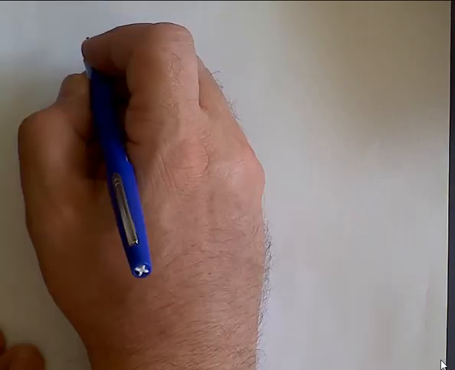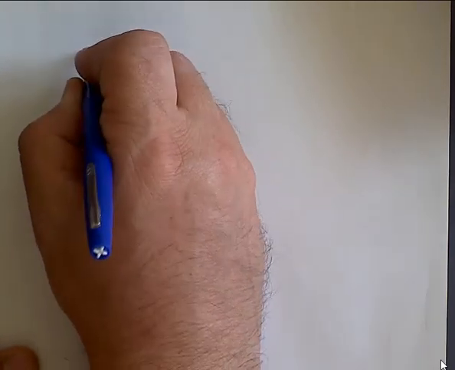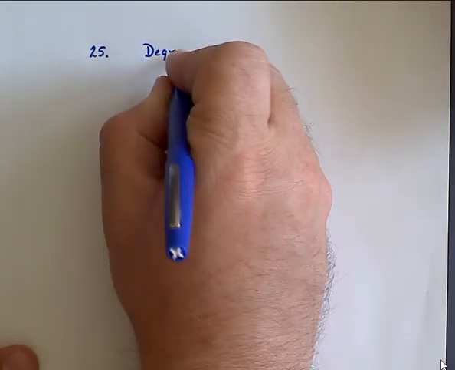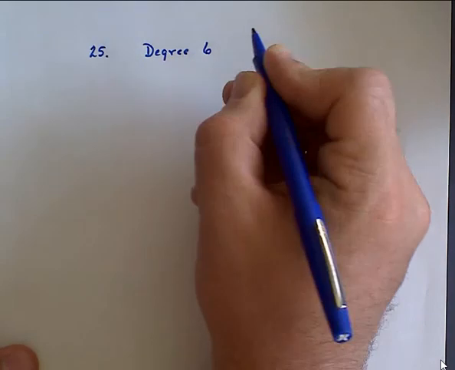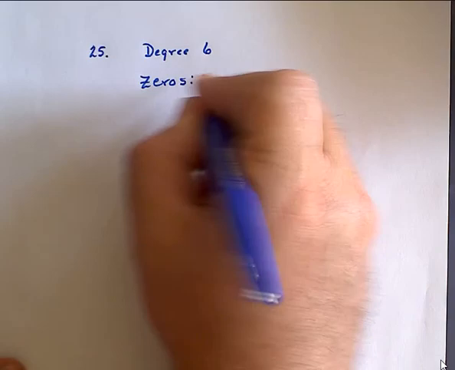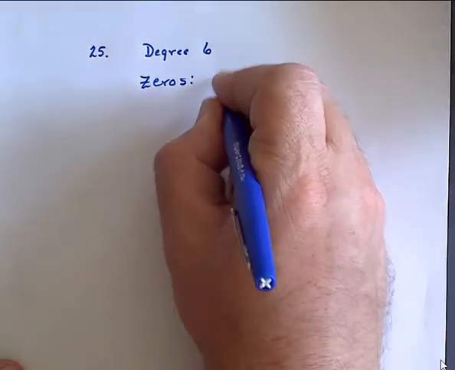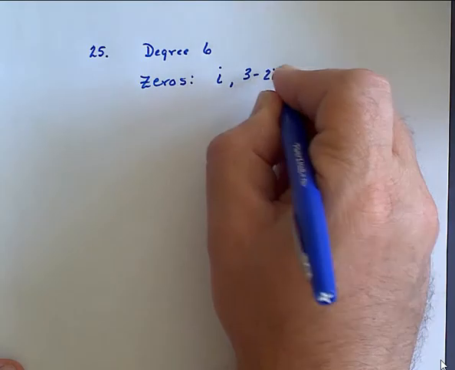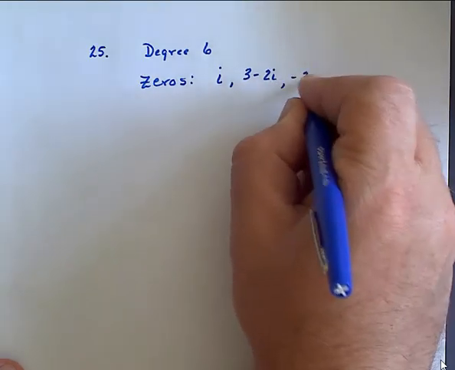24 and 25. Number 25 says I have a polynomial of degree 6, and I have the following zeros: i, 3 minus 2i, and negative 2 plus i.